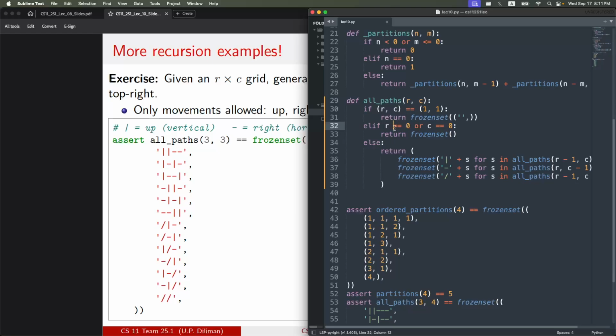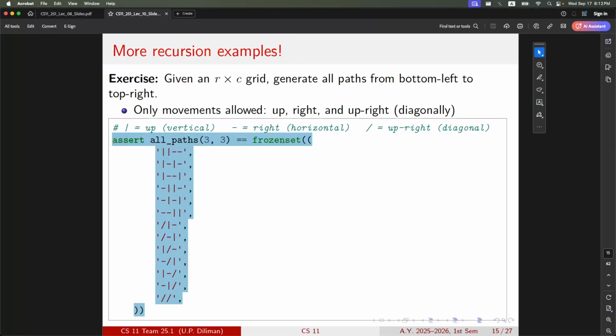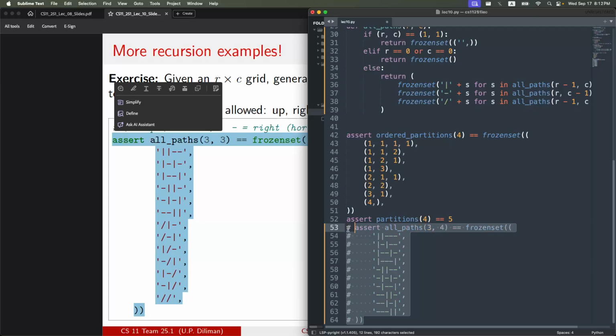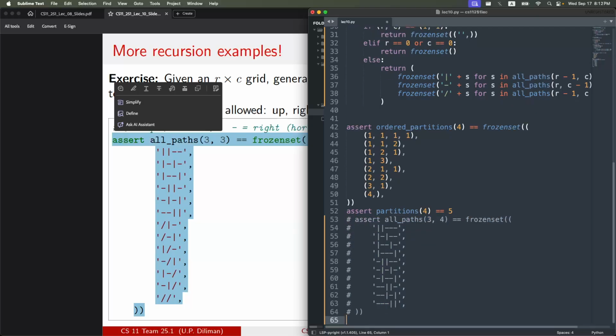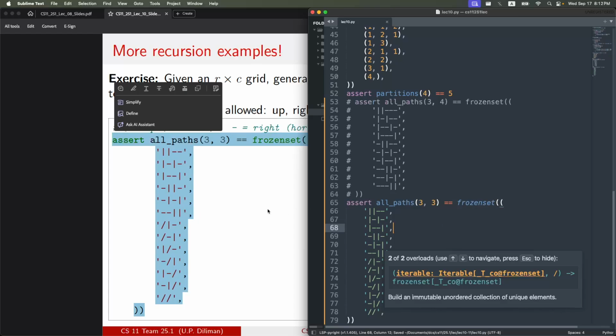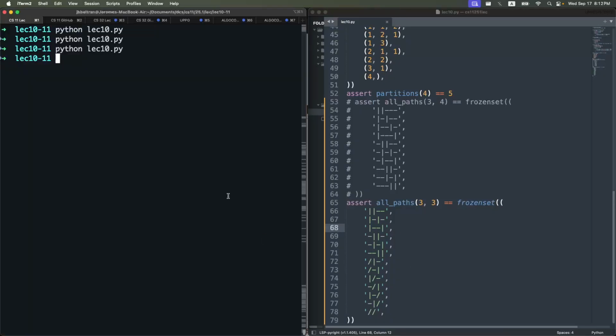Let's try the assertion here. Should be able to generate all of those. Alright, it works.